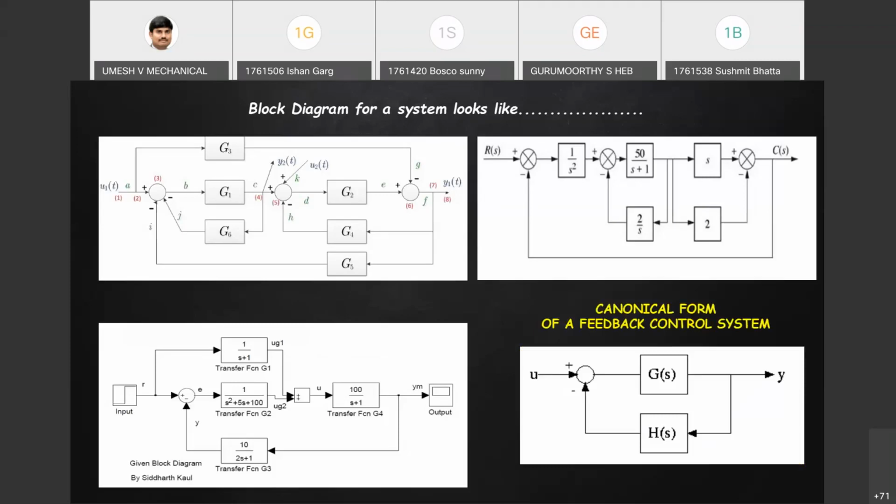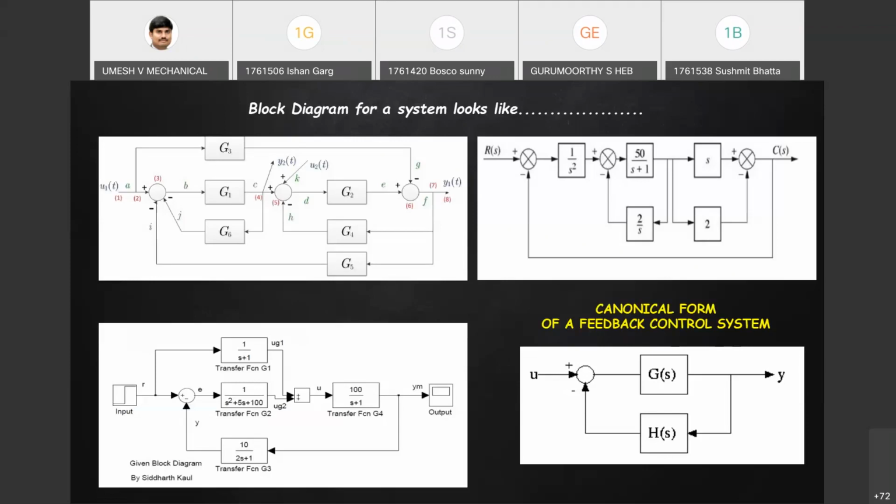You can see here what is that. One forward function G of s, that bracket s says it is in the Laplace domain. Laplace domain means in the x and y axis represent the real and the imaginary part. So on that graph we are representing the roots of these final value.